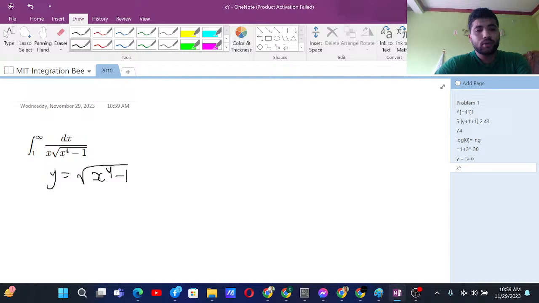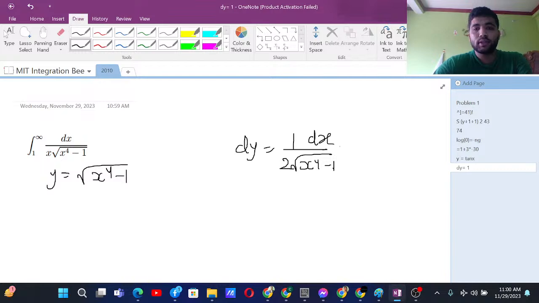The reason I'm doing this is, if we let root under x to the power 4 minus 1 be y, in dy we will get 1 by 2 root x to the power 4 minus 1, and this is what we already have here.